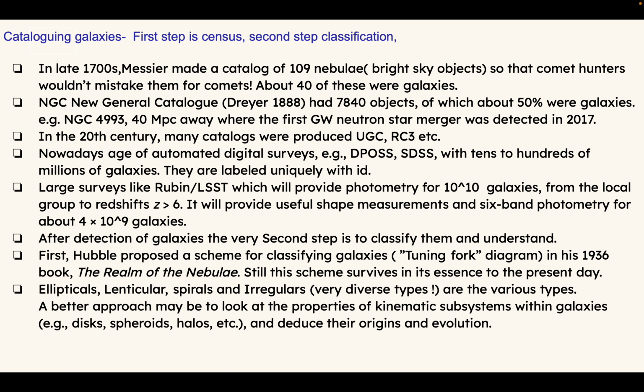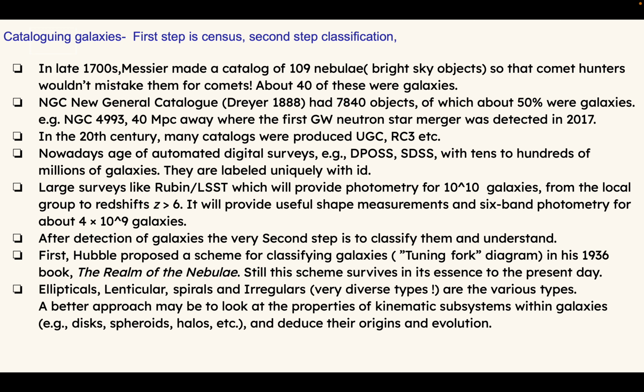So if you see some objects in the sky, maybe stars or galaxies, you first have to catalog those objects. Then you have to make a census of these objects correctly. And the next step is to do the classification based on some observable properties of those galaxies.